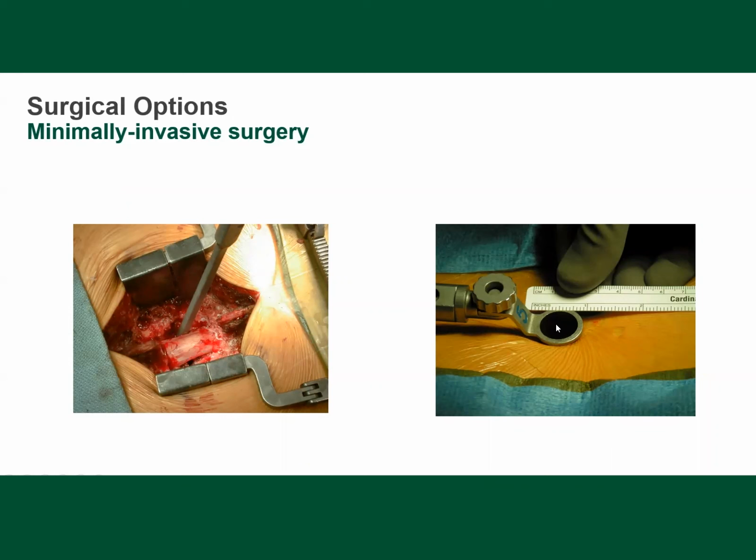And through this small opening, by using a microscope, magnifying everything and using specialized instruments, we're able to clean out all the arthritis that's present in this area, but without making this large incision and really disrupting a lot of the normal structures in the spine, such as the muscles and ligaments that hold everything together.